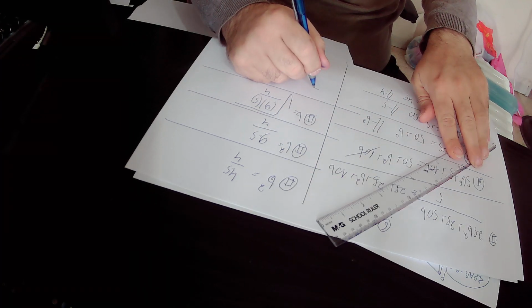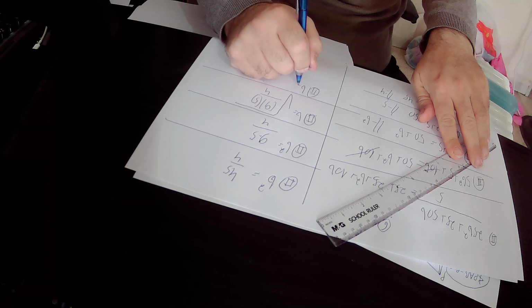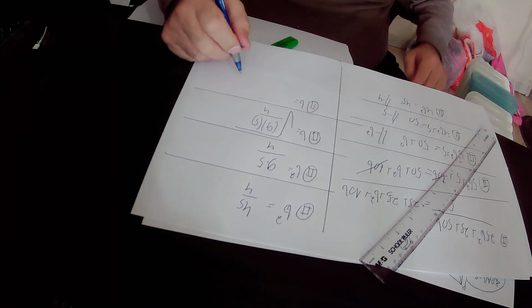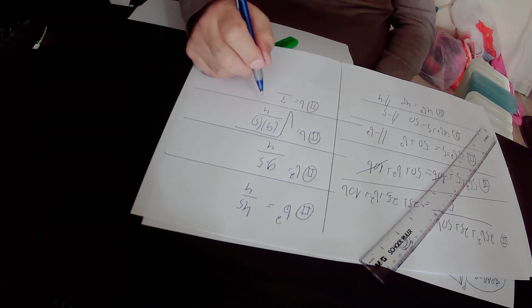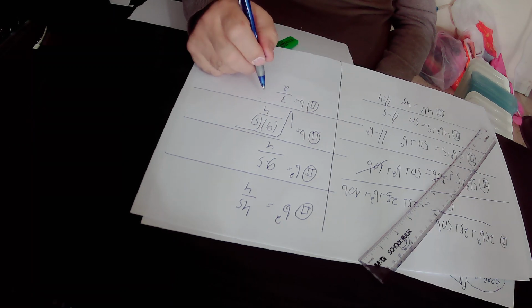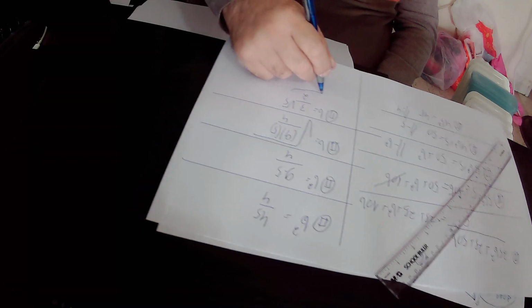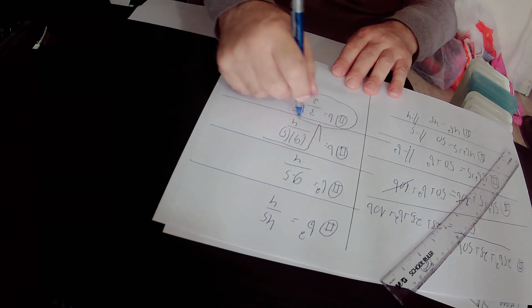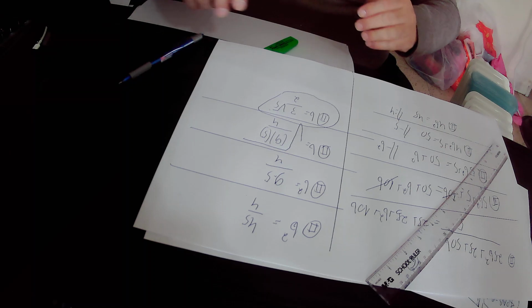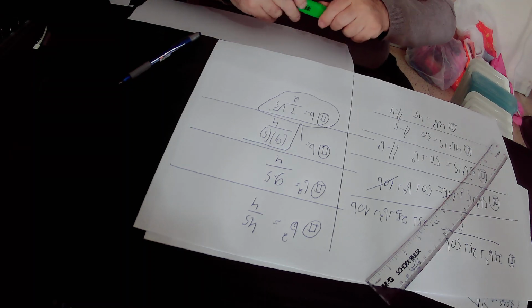So b equals the square root of 9 is 3 over the square root of 4 is 2. So inside the root we are left only with square root of 5. In conclusion, we found out that b equals 3 times square root of 5 over 2.